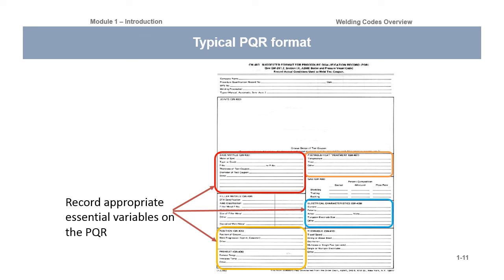So when we're doing that experimentation to prove the process out, this is where we're going to write down our essential variables. There's little spaces in the form. You can use this format or another format, but you just record all the essential variables on the PQR. If you want to come up with your own format, that's great. You can also list here the non-essential variables if you want to, but it's not required. PQRs get all the essential variables listed on them.